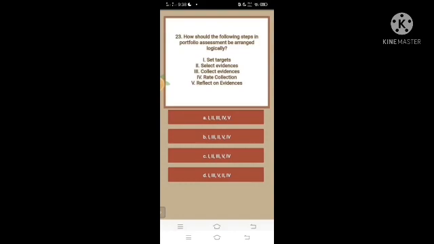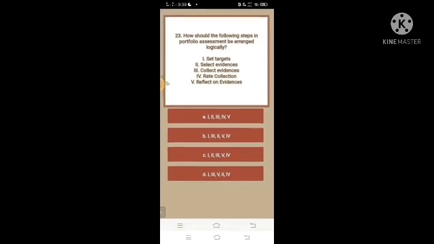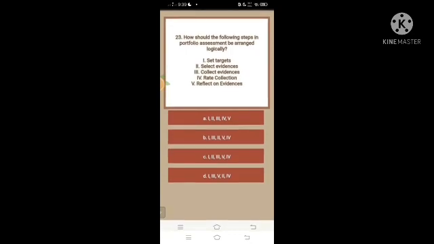Next, after which we have to select evidences. By this, we can narrow down everything as to which are really necessary based on the reflection made. And lastly, rate collection, as this will help us to look at all specific steps and parts of the assessment. In this part, you can really know if the content is efficient or not. So I think that letter D is the correct answer.